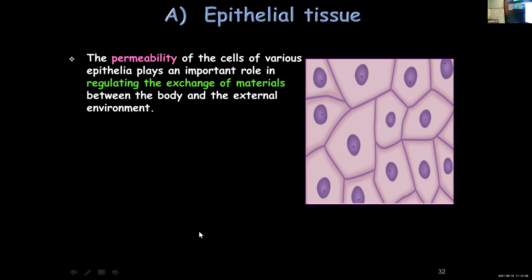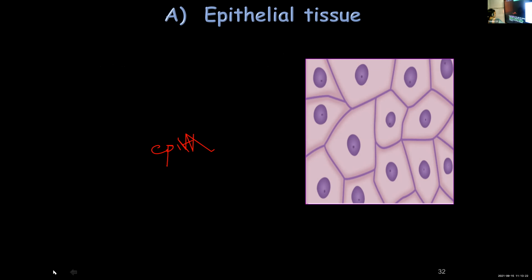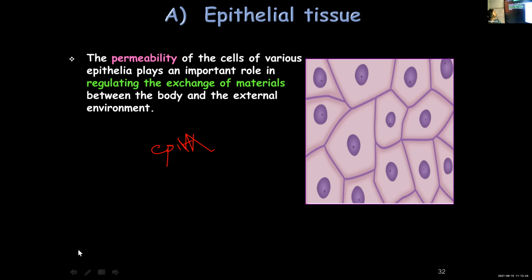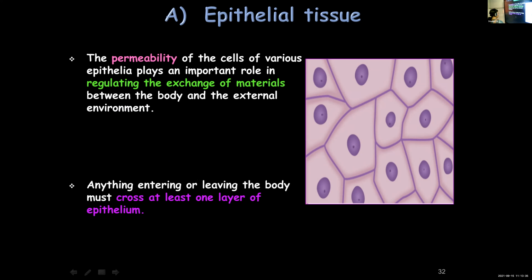So you know that our internal organs and external body surface are all covered by epithelial tissue, and thereby anything entering or leaving the body should pass through this particular membrane, the epithelial membrane. So its permeability is very, very important.